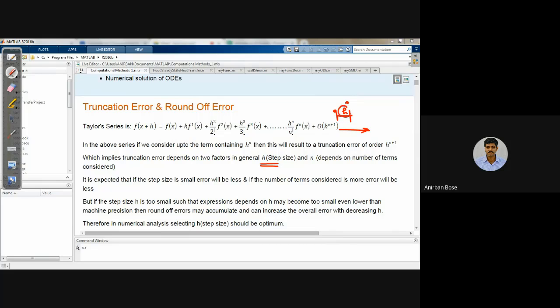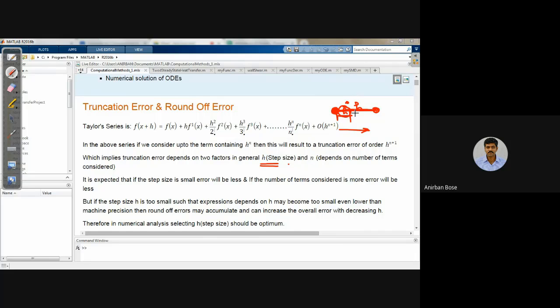If this h is large, and from this value and its different derivatives you want to find the value at a distance h, definitely your error will be large. So if h, the step size, is more, then your error will be more.